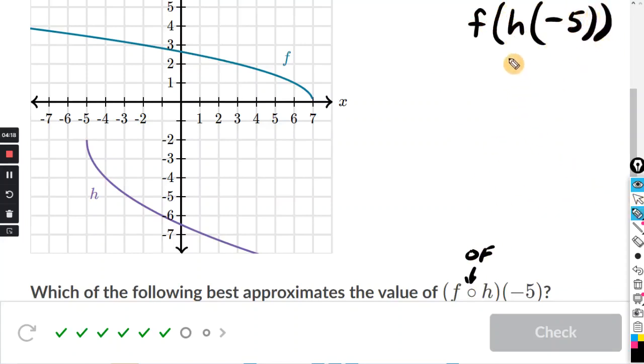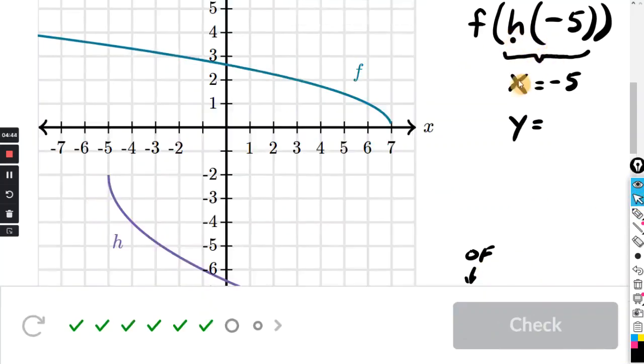First we want to evaluate h of negative 5. So we have to look for x equals negative 5 and find out what y equals. We're looking at the h function first. This one's f, this one's h.